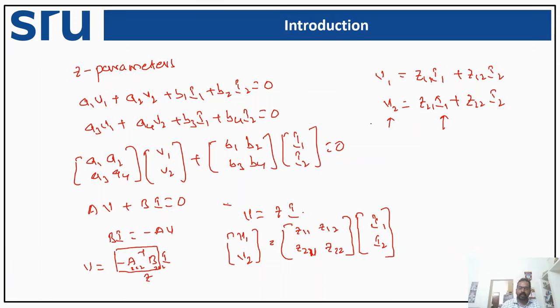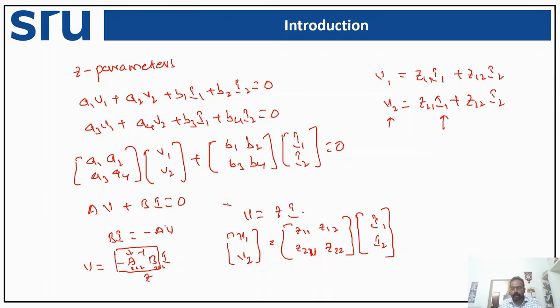Because Z is equal to A inverse B, my Z parameter exists only when A is invertible, that is, a non-singular matrix. If A is singular, then the Z parameters will not exist. So in order to have Z parameters, A should be invertible.